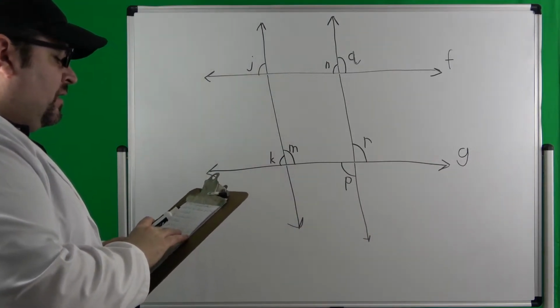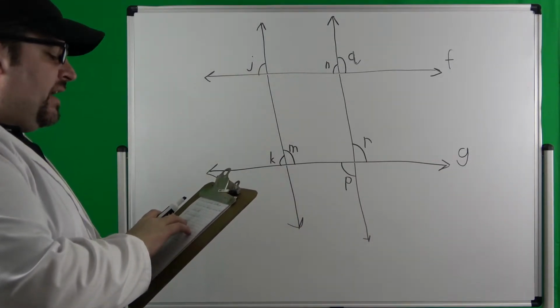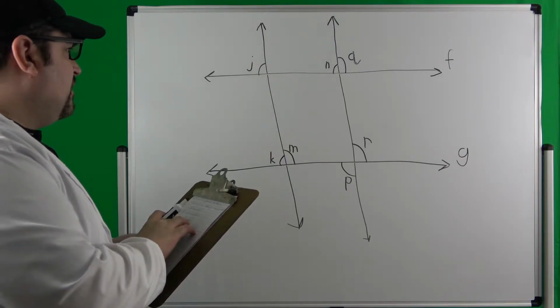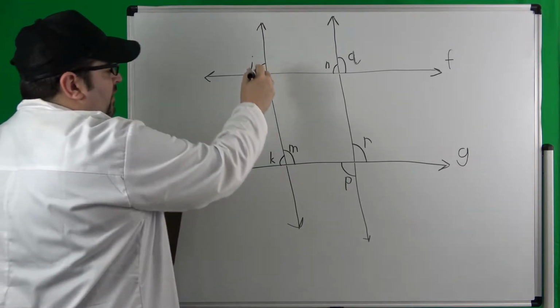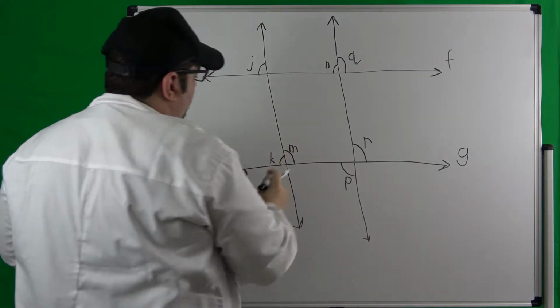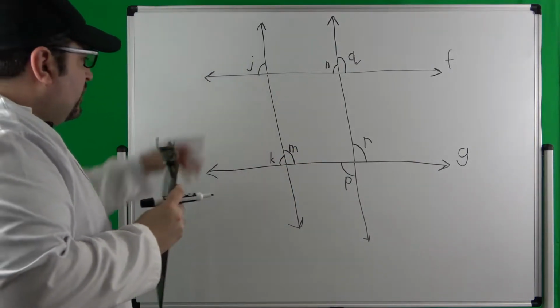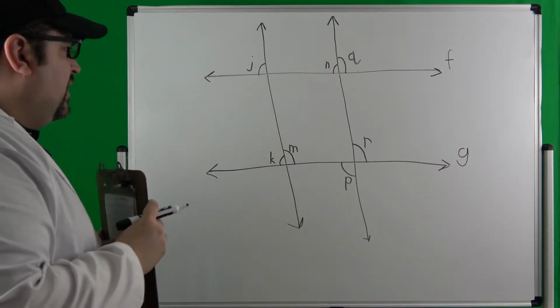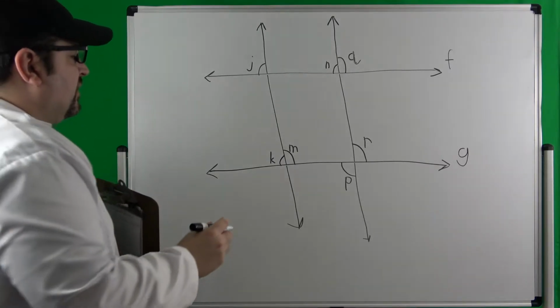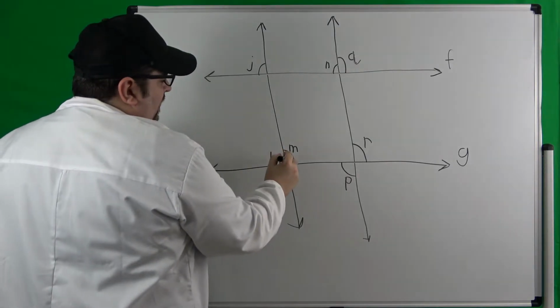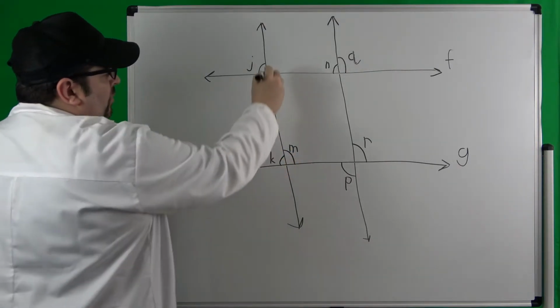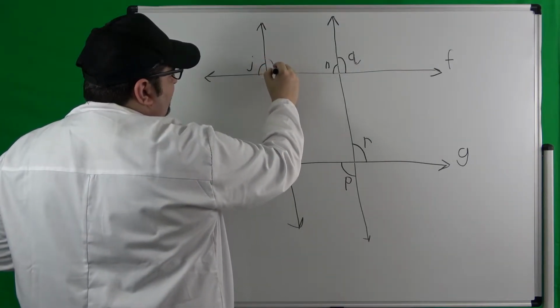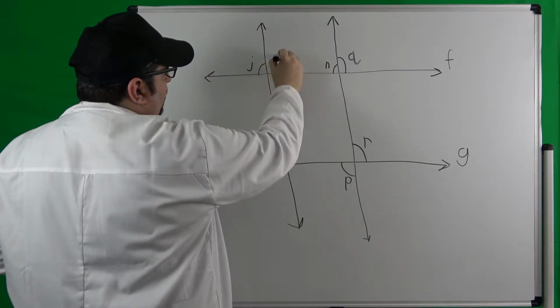So, let's see here. Angle J is congruent to angle M. Well, those are on the same line and they're like that. However, they're not congruent because, see, M would be the same up here.